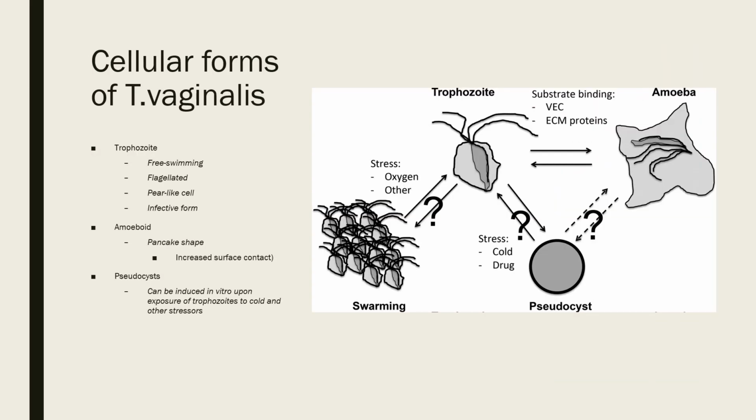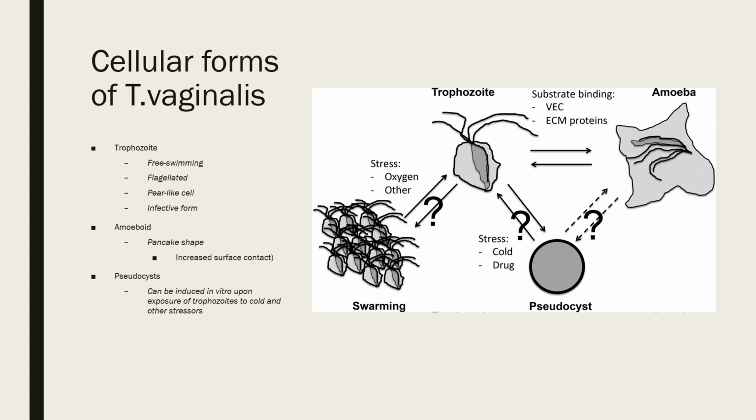So with T. vaginalis, there are different cellular forms. The first one is a trophozoite, which is free-swimming, has flagella, a pear-like cell shape, and is also the infective form. And you can see in the pictures here that are describing the shapes.